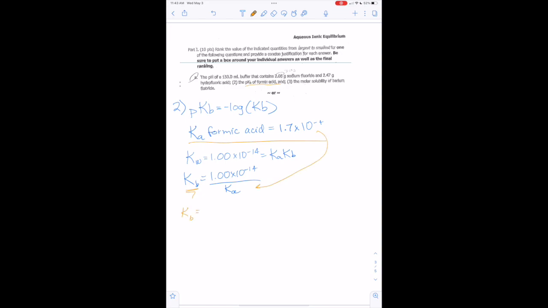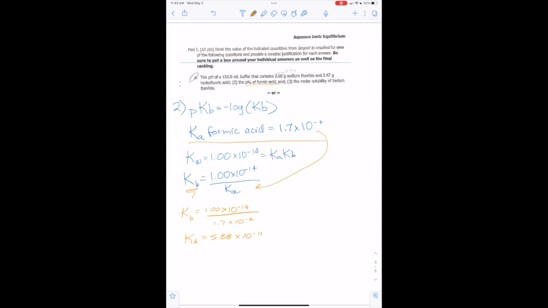So Kb is going to equal 1.00 times 10 to the negative 14th, over 1.7 times 10 to the negative 4th, which gives us Kb is equal to 5.88 times 10 to the negative 11.